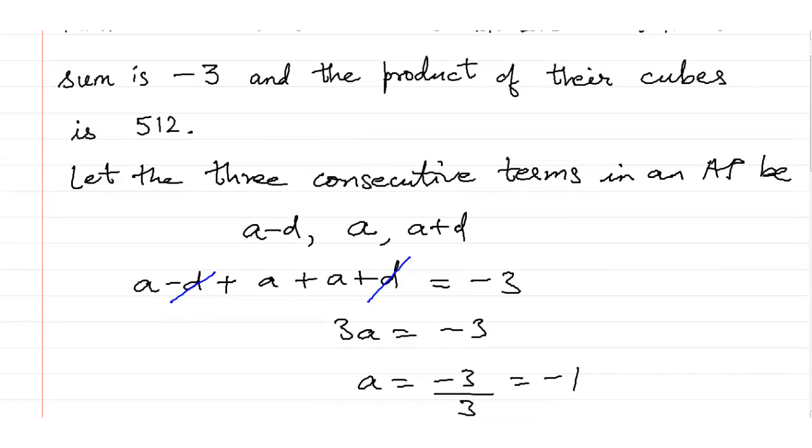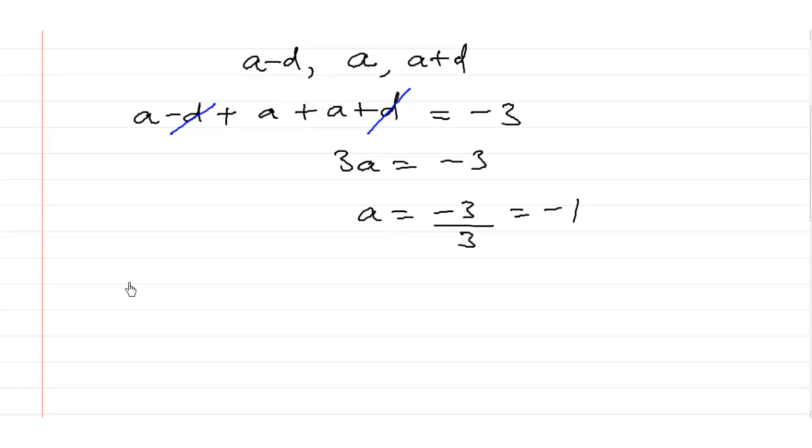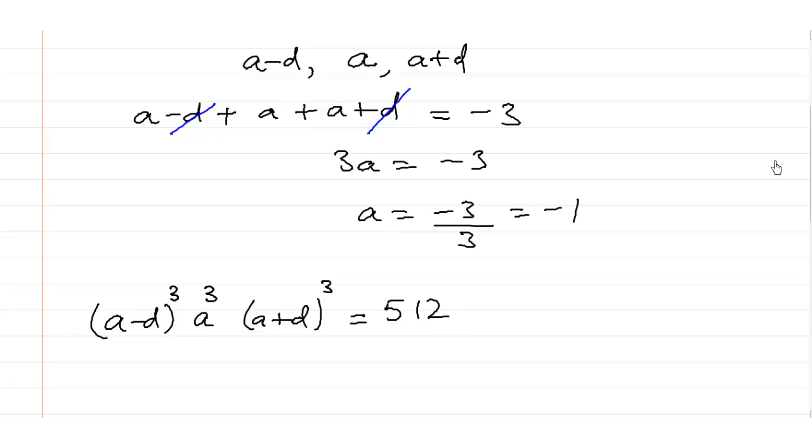And the product of their cubes is 512. So product means multiplication. So a minus d into a plus d is the product. But we have been told the product of their cubes, so we'll put the cubes also, is equal to 512.